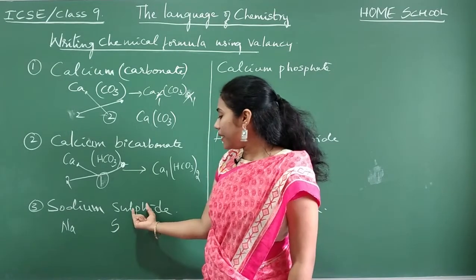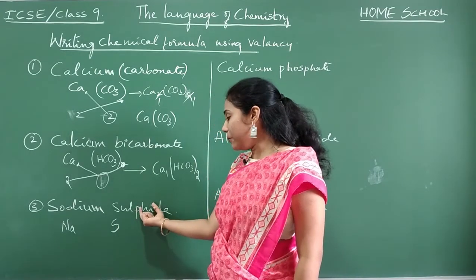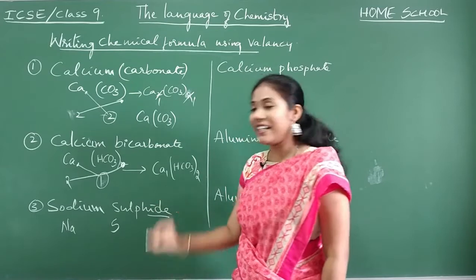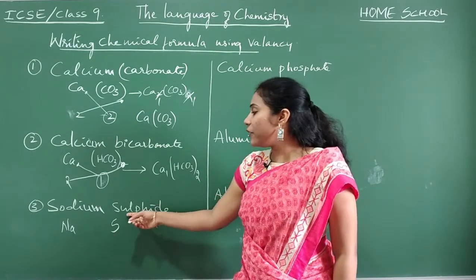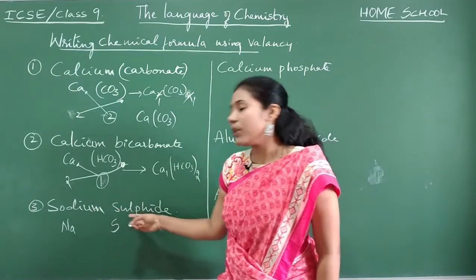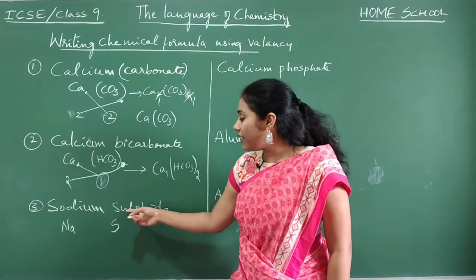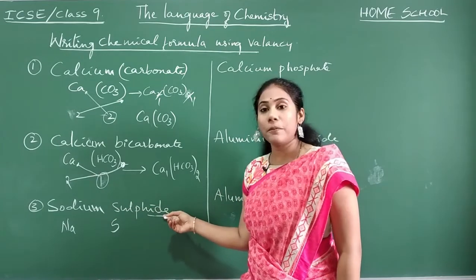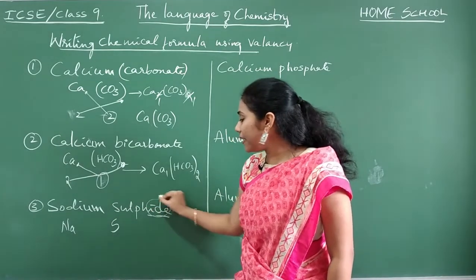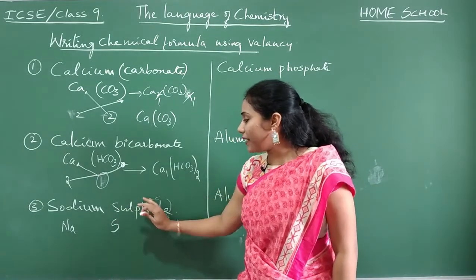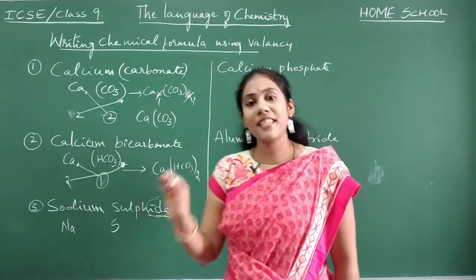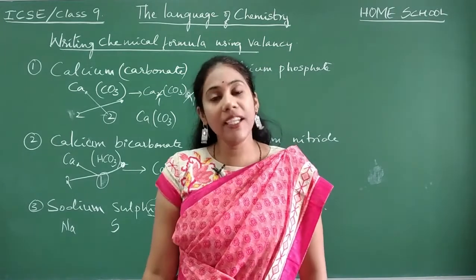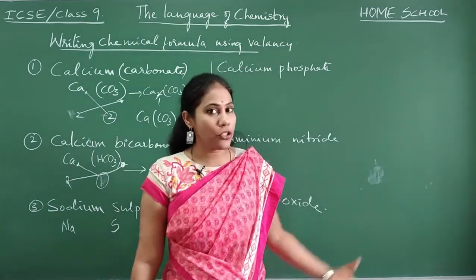And whenever you write its name, we add IDE at the end. Sulfur is its name, but we don't write it as sodium sulfur. We write it as sodium sulfide. I told you, for a non-metal, for a negative part, whenever you write its name, IDE has to be added at the end. Anyway, I will discuss names a little later.